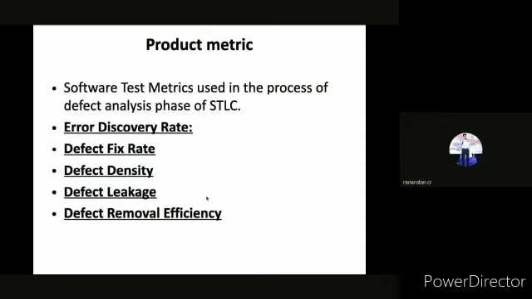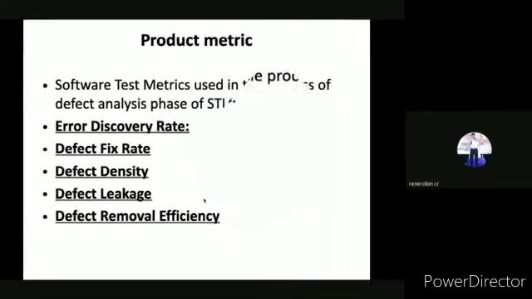And let us see the various metrics coming under product metrics. Software test metrics are also used in the defect analysis phase of the software testing life cycle. Examples are error discovery rate, defect fix rate, defect density, defect leakage, defect removal efficiency.